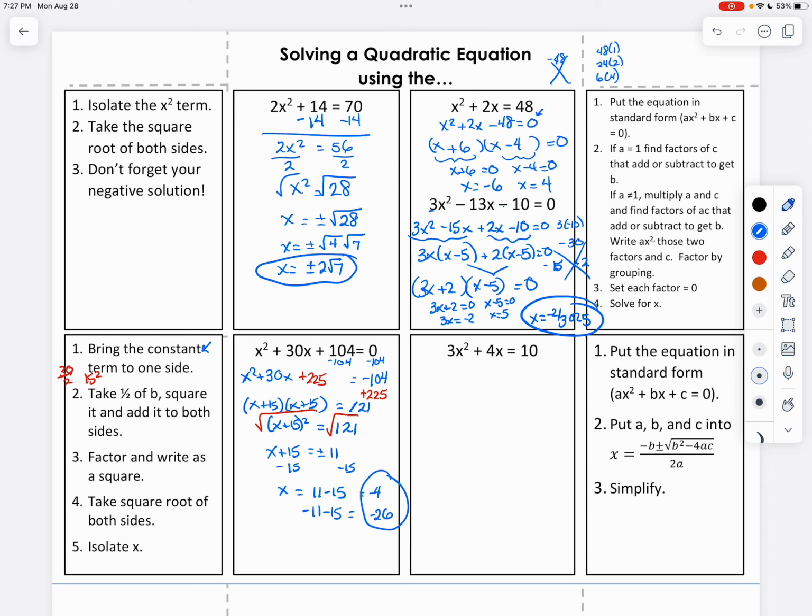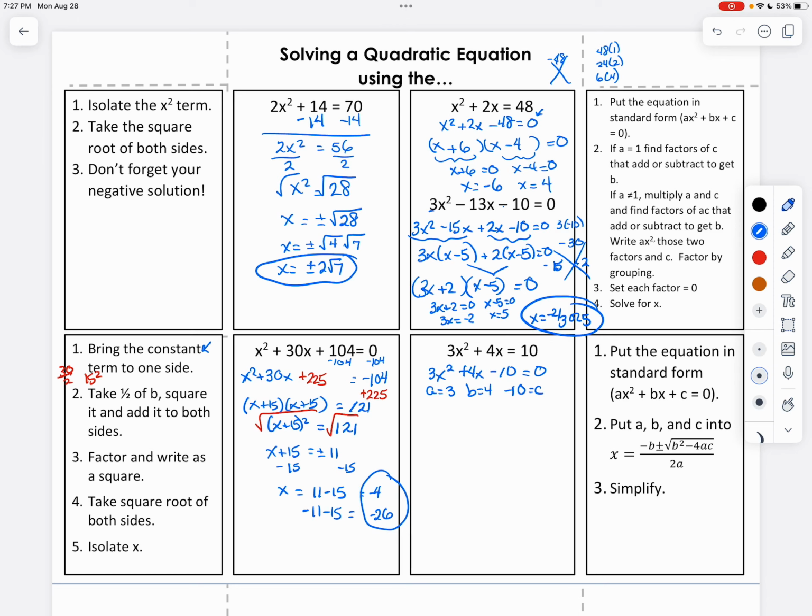And finally, when we can't factor or we don't want to complete the square, we always have the option of using the quadratic formula. We always need to start with the equation in standard form. 3x squared plus 4x minus 10 equals 0 gives us an a that is 3, a b that is 4, and our constant term is the negative 10, that's our c.